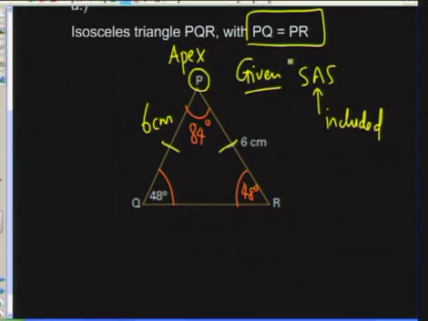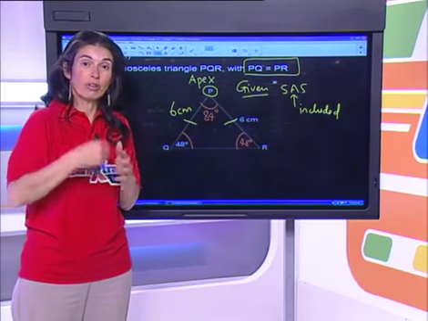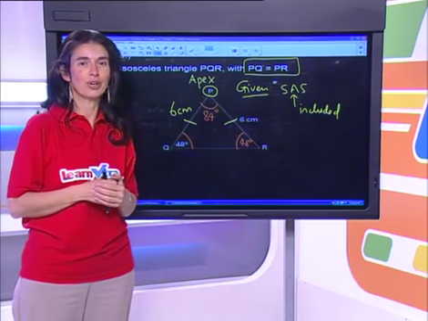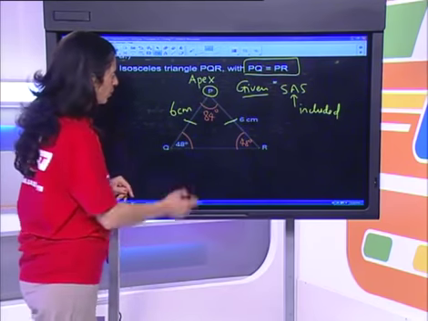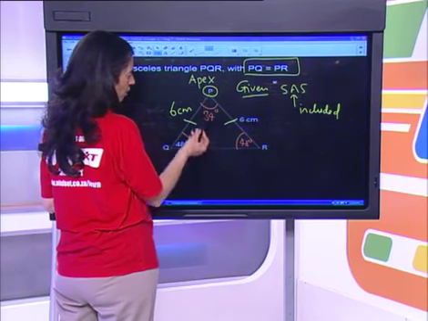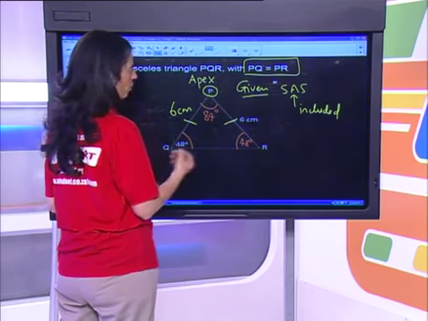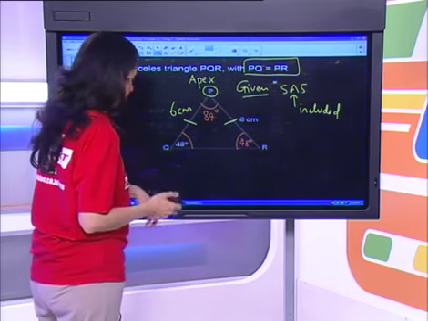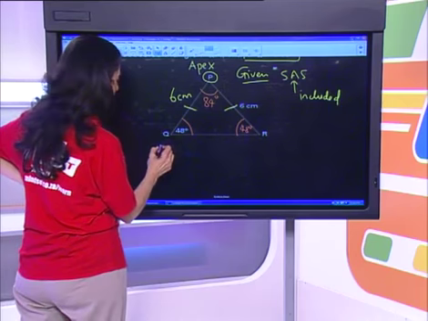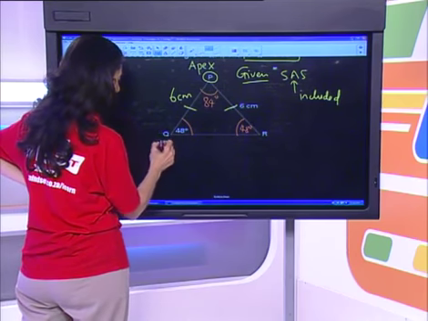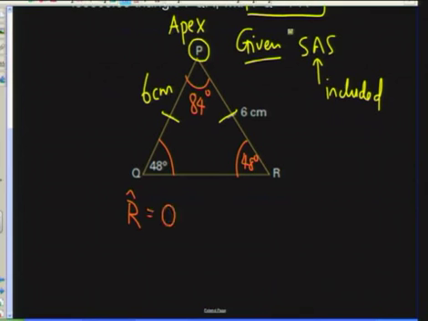And now we have side, angle, side. Notice how we were missing that angle, so we had to calculate it, or find an alternative. It was actually impossible to find QR before. Now we can find QR, because the side is opposite the angle, so we can use the sine rule. So writing it up as a solution, always start by writing the angle you found. Angle R would be the same as angle Q, which is 48 degrees.